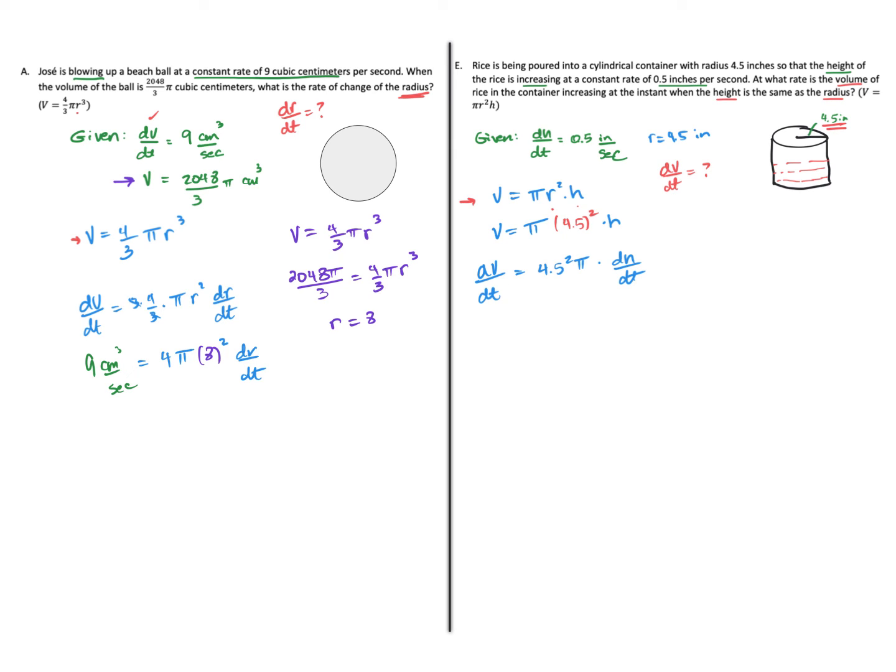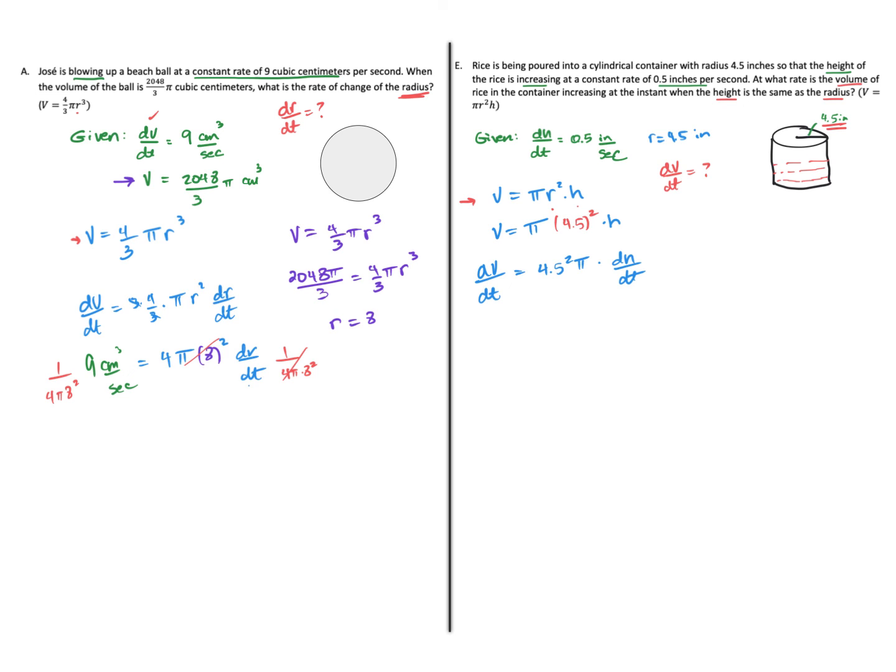Now I just need to get dr dt by itself. I'm going to multiply both sides by 1 over 4 pi times 8 squared, and that will get rid of it on this side. And on the other side, I'm going to multiply by 1 over 4 pi 8 squared to get my final answer.